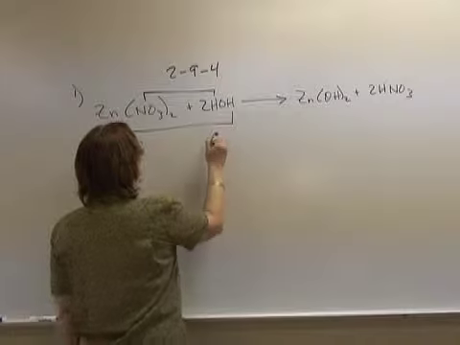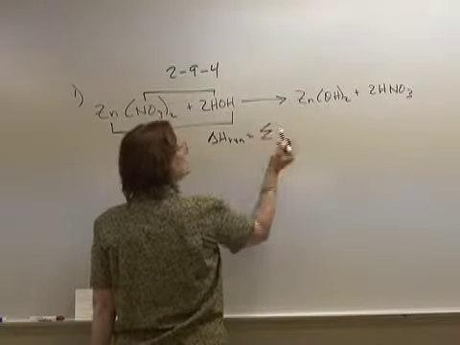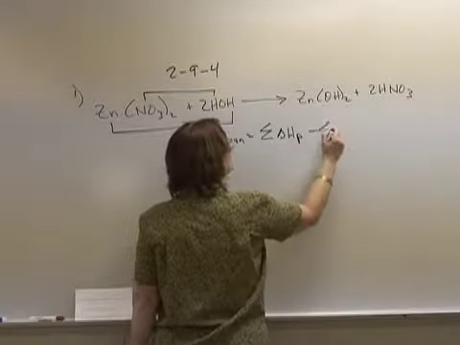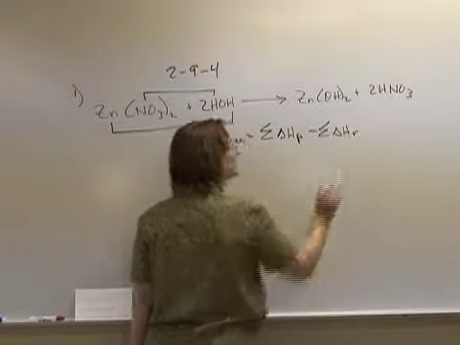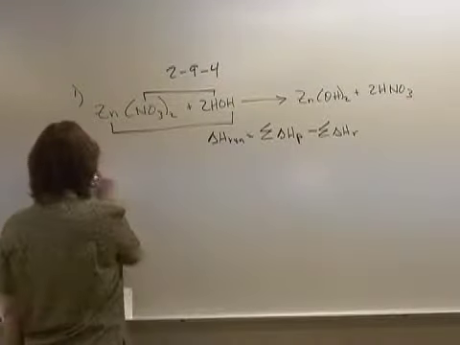Now, the heat of the reaction is equal to the sum of the heat of the products minus the sum of the heat of the reactants. It's products minus reactants.